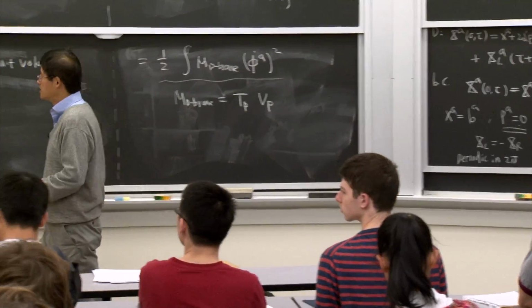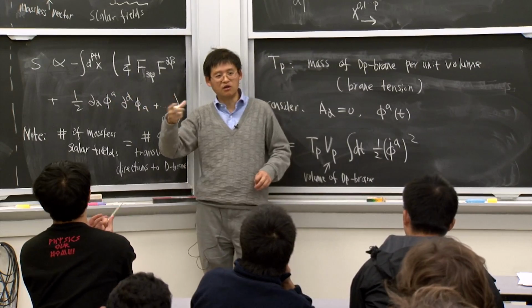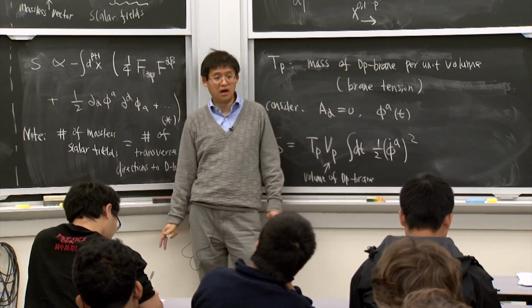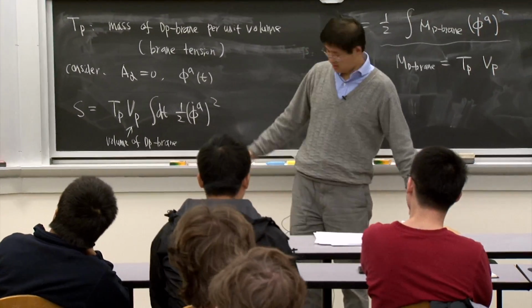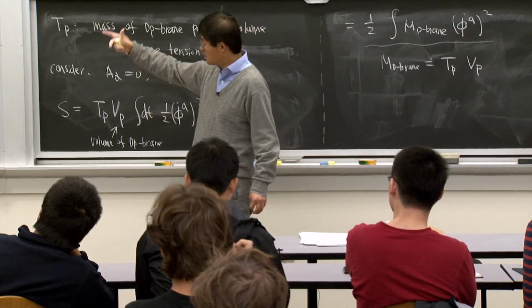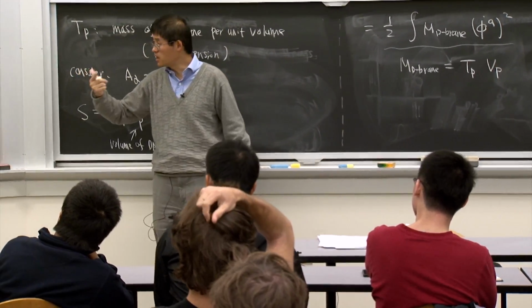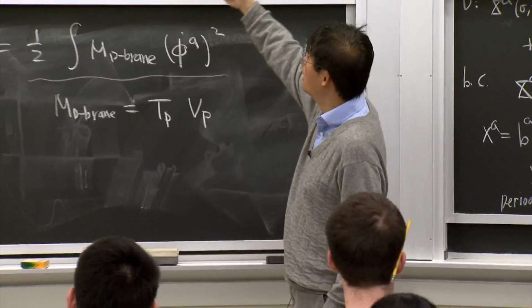No, those prefactors depend on your normalization. So you can normalize them in some particular way. What I'm saying is that there is a specific normalization in which phi can precisely be interpreted as the motion of the D-brane.